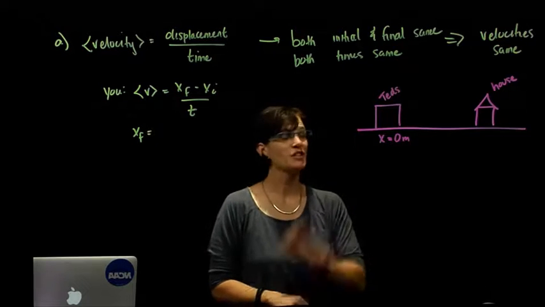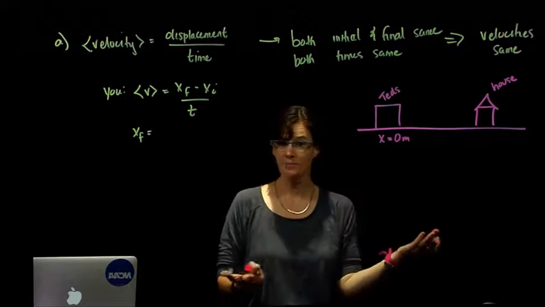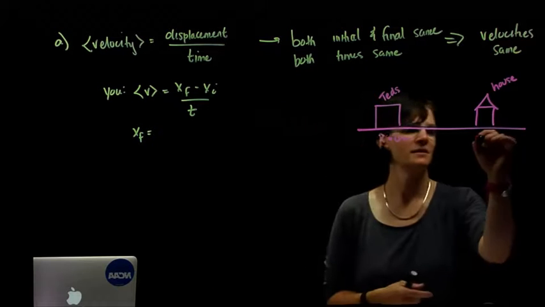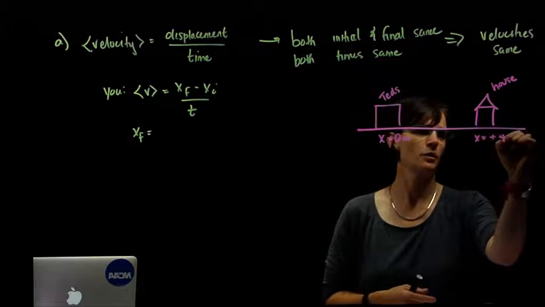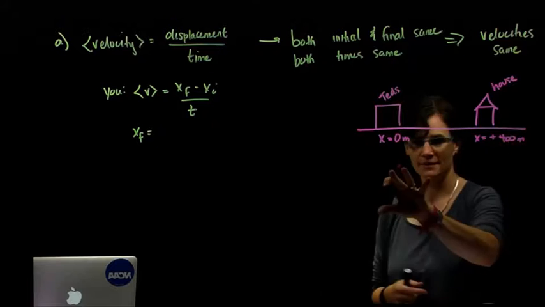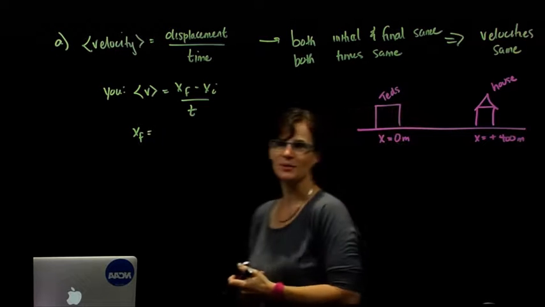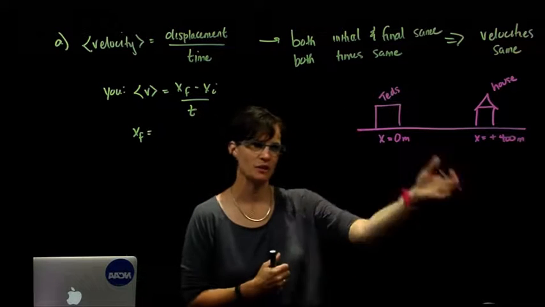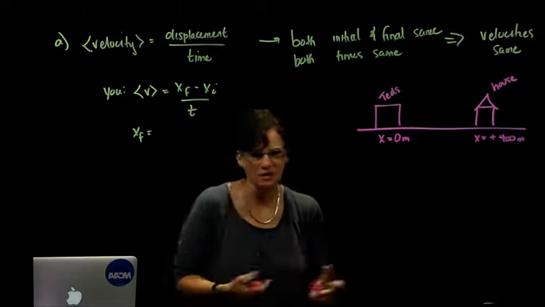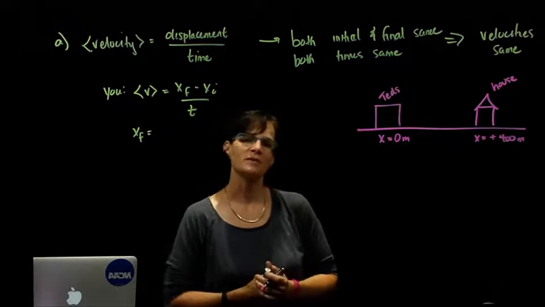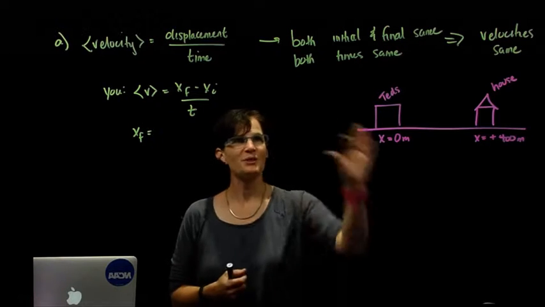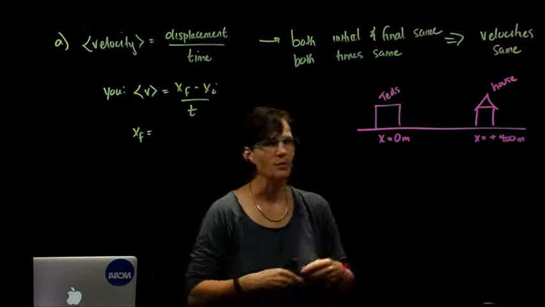If that's the origin, then my house, which is 400 meters away, is at a positive 400 meters. As I have drawn it, my house is to the right of Ted's, east of Ted's, north of Ted's, whatever you want to think about in terms of that coordinate system. So now let's use that information to solve our problem.